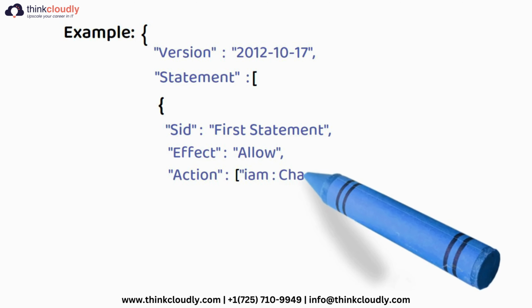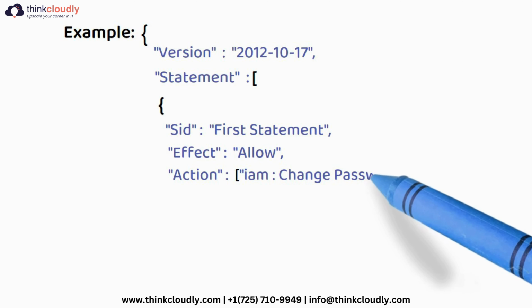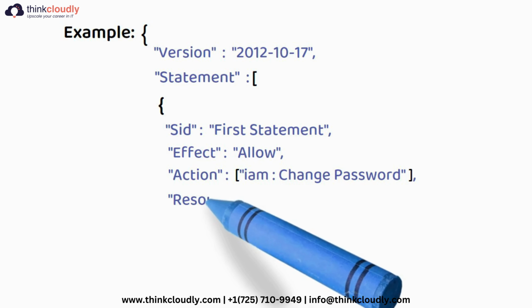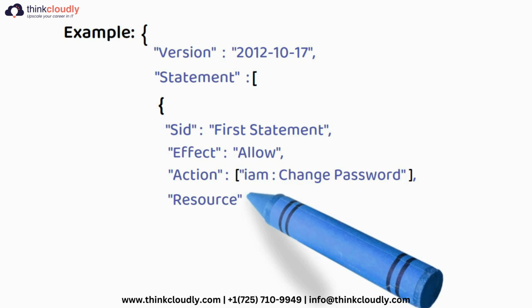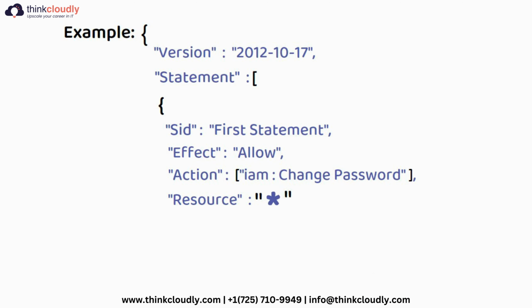This is double quotes only: IAM, change password. And I'll be giving the resource. Next is resource. Star means all. And if you want to end the policy, definitely this would end first. Then you have the square bracket for the corresponding square bracket, and then the curly bracket for the corresponding curly.